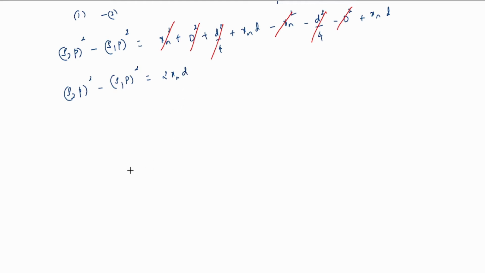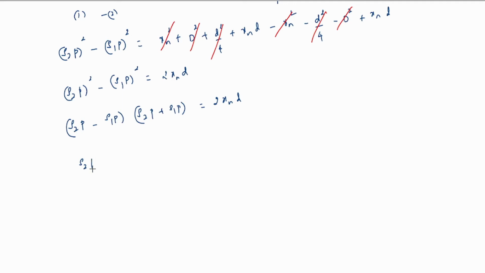But what we wanted is S2P minus S1P. Now recall that a square minus b square is equal to a plus b into a minus b. So we can write this as S2P minus S1P into S2P plus S1P is equal to 2 times xn d. We'll bring this term down here.